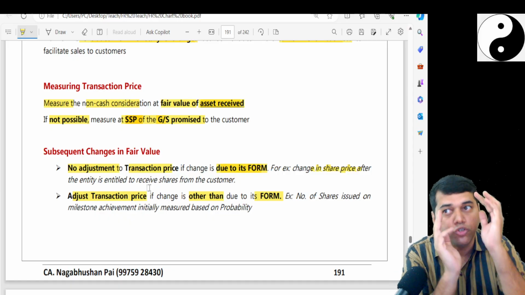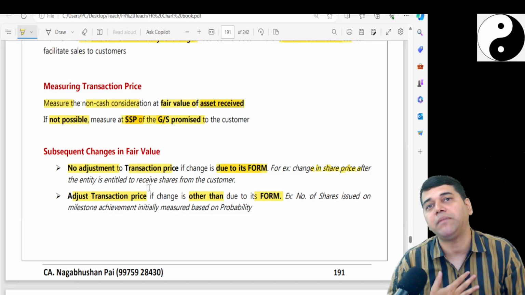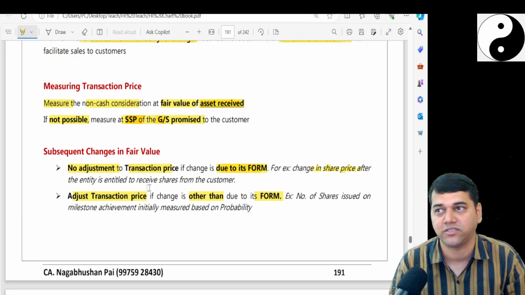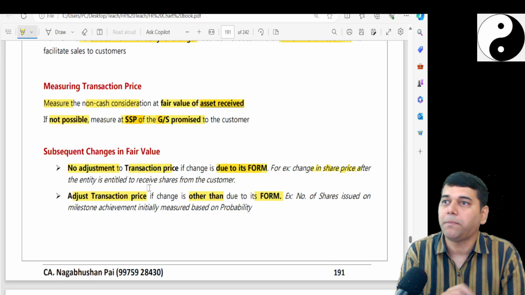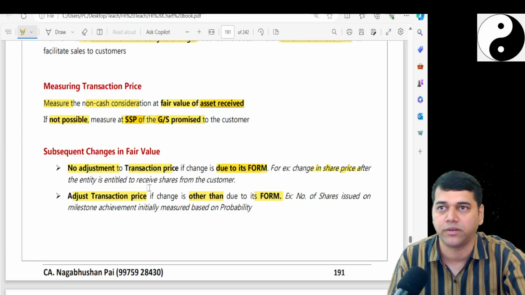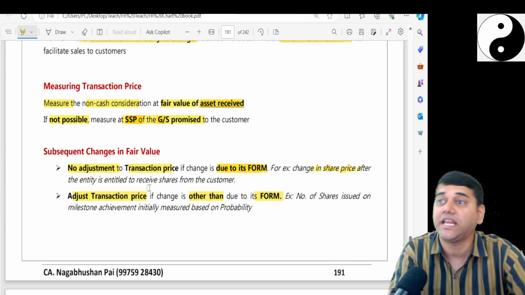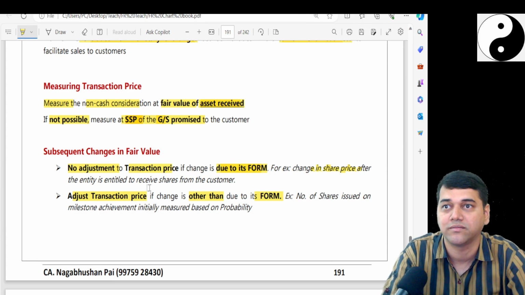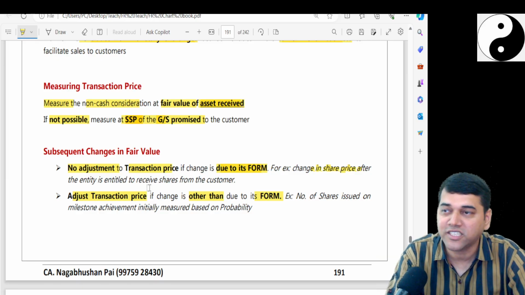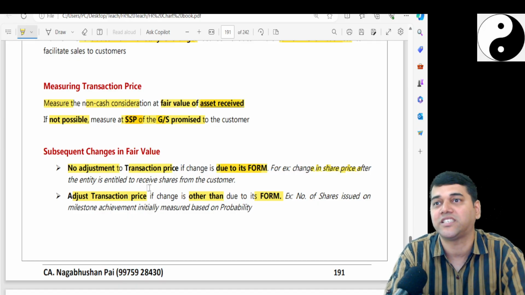Since it is variable, should you estimate? Yes. On day 1, you estimate that I may probably get 70 L&T shares, and you pass one accounting entry for revenue on cost to cost input method or whatever. Suddenly at the end, you realize, oh, I may not get 70, I may get the full 100 because I will complete it. Then should your transaction price change? Yes, because this time you should consider 100 shares.